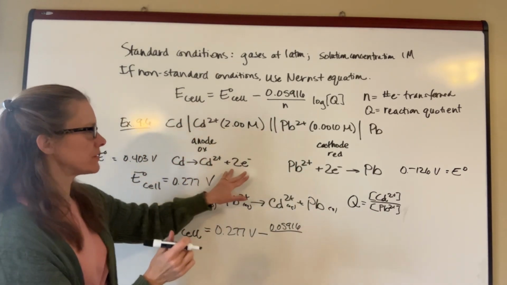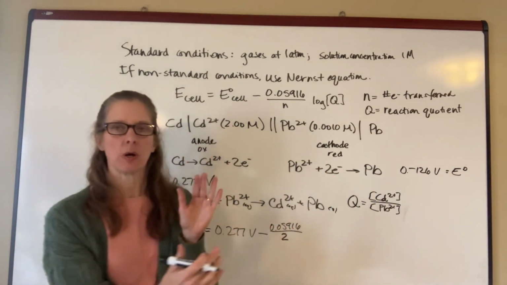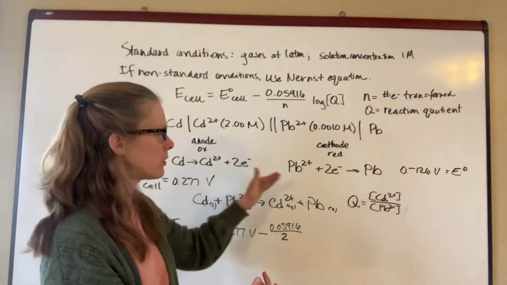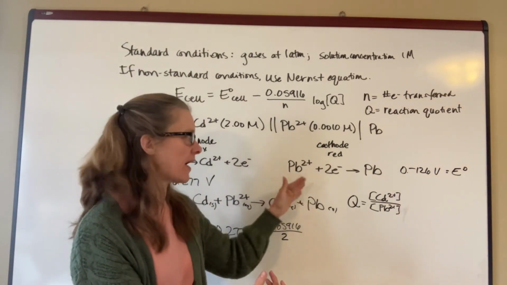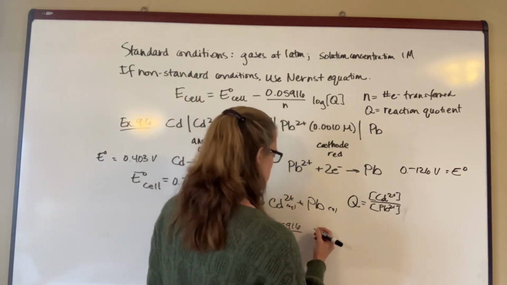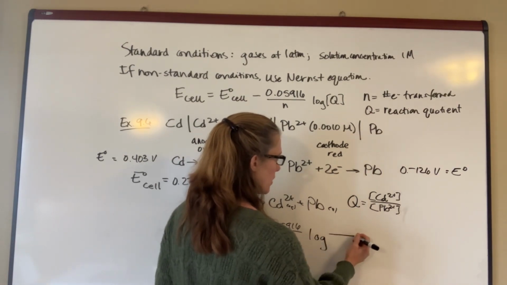So here it's 2. If I would have had to multiply through, then you're going to use whatever number you got once you've got everything all balanced out, the final number of electrons that were transferred. Okay, times the log of the reaction quotient.